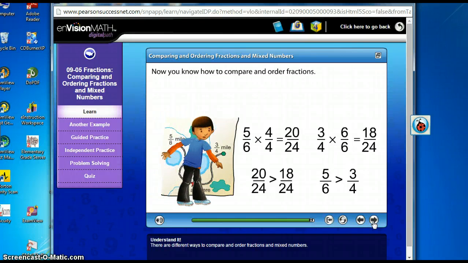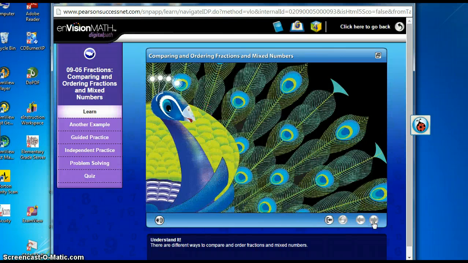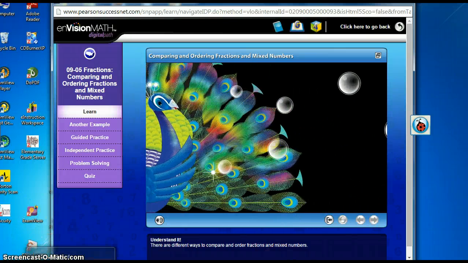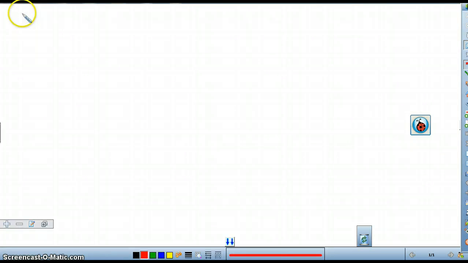Now you know how to compare and order fractions. So the first thing to remember, in order to compare fractions, you have to have a common denominator.